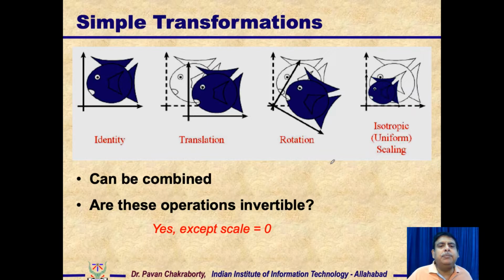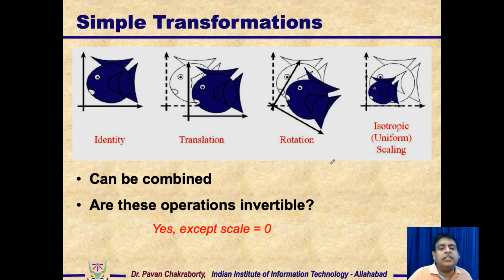We will take up simple transformations first. We have the identity transformation, the translation, the rotation, and scaling. The scaling could be isotropic, or it could be anisotropic or non-uniform. What we see is that these transformations can be combined.